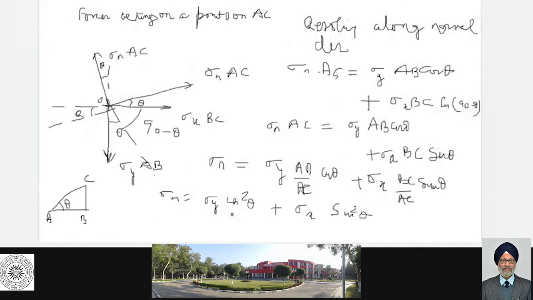Here it was cos square theta, so I can divide it by 2 and multiply it by 2, which will give me this identity: 1 plus cos 2 theta.